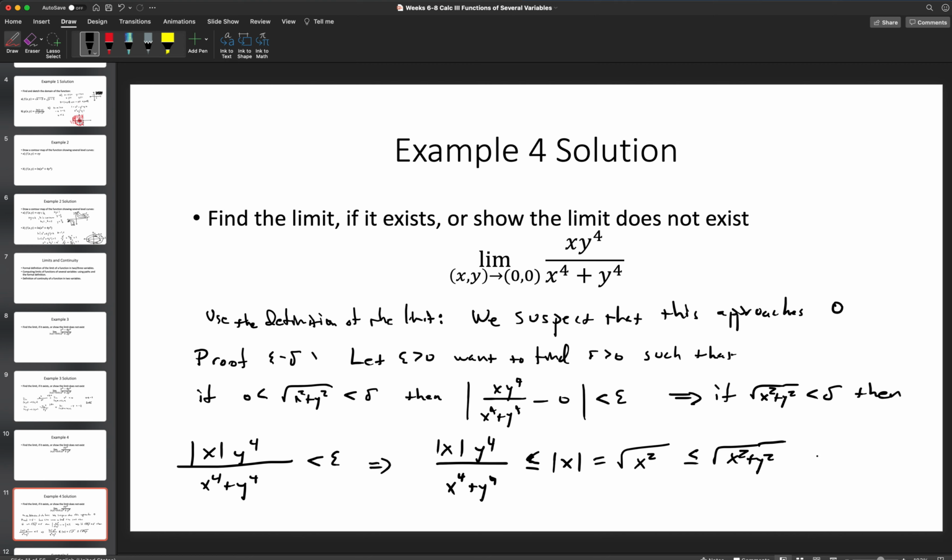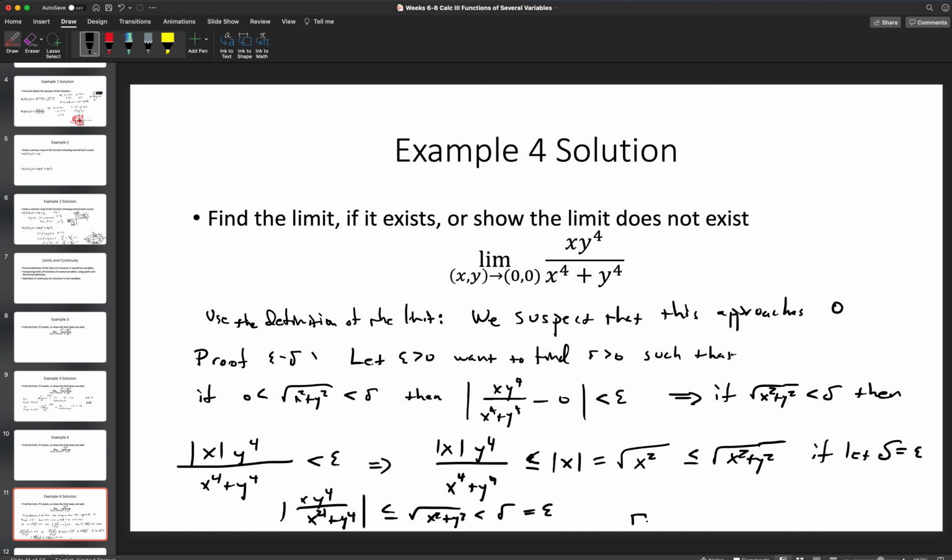So if we just let delta be equal to epsilon, we see that, and I'm running out of a little space down here, this guy is less than or equal to this, which we knew from the beginning is less than delta, which we just let be equal to epsilon.